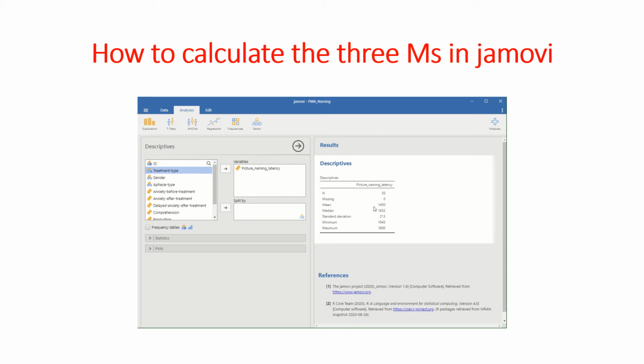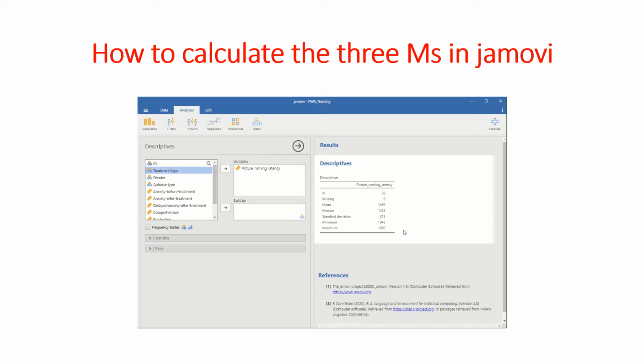The average time it took for the participants to name a picture of an object was 1450 milliseconds, and the median is also very close to that value. We don't need the other values yet, but I'll talk about them later on.